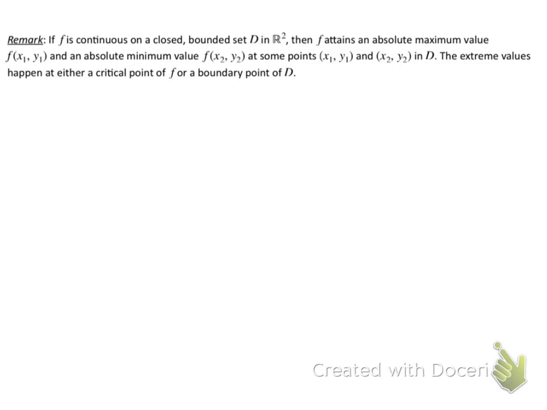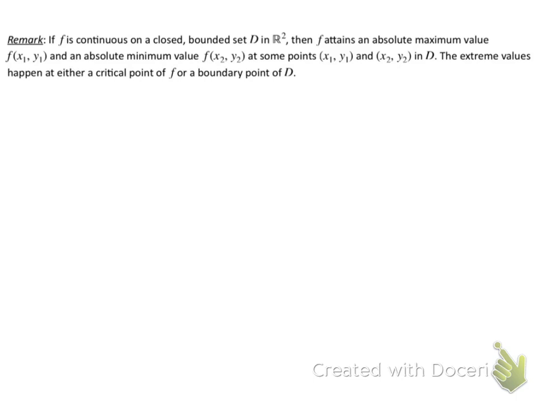Which means a value that is higher than or equal to every other value on D. And similarly, you will have the absolute minimum, which means you can't find another value that is lower than this.